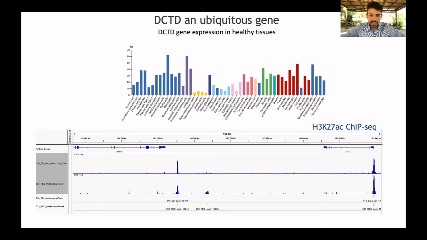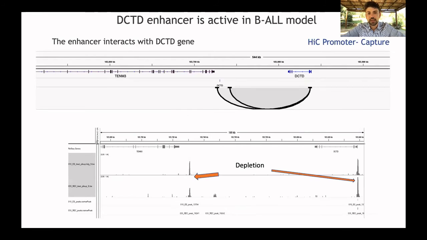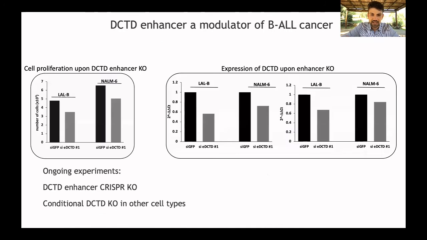So we pointed our attention on the relationship between the enhancer and the gene expression. And we first identified whether the enhancer was interacting with the gene using Hi-C promoter capture sequencing. We realized that in our primary cell line model, the enhancer here interacts with the promoter of the DCTD gene. So we developed an experimental assay to deplete the enhancer and also the gene, and to see what was happening to the cells.